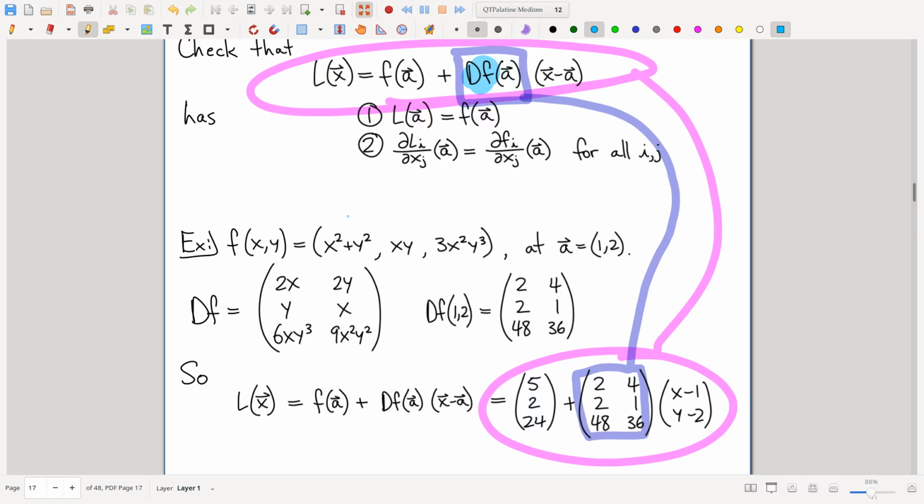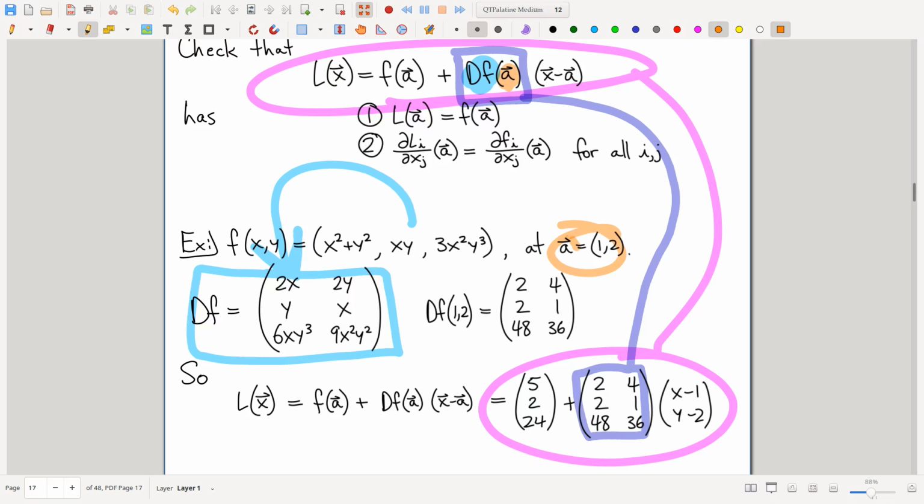You've got to take all the coordinates of f and take the partials with respect to all of the input variables, assembled appropriately. Make sure to get that right. Rows correspond to outputs. Columns correspond to inputs. Then you plug in the point a, and that gets you your matrix. So pretty straightforward plug and chug.